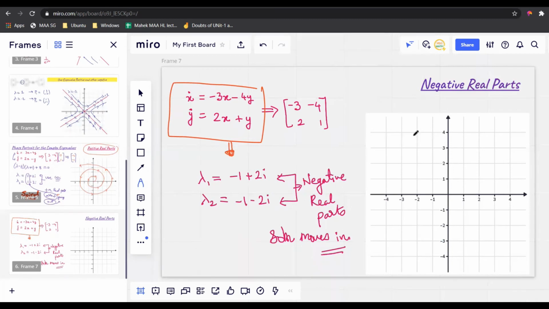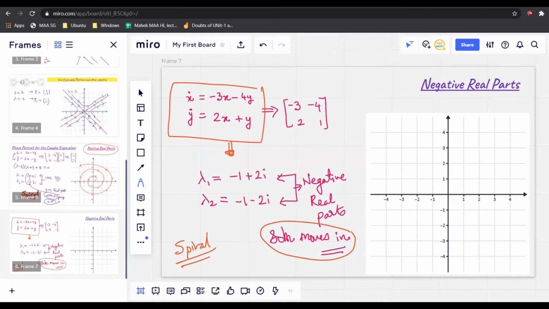Of course, negative real parts means the spiral has to come in. It means the arrows should go inside toward the origin. You can see that negative real parts correspond to solutions moving inside. It is a spiral, that is for sure, but we don't know whether it is anti-clockwise or clockwise. The same strategy applies.